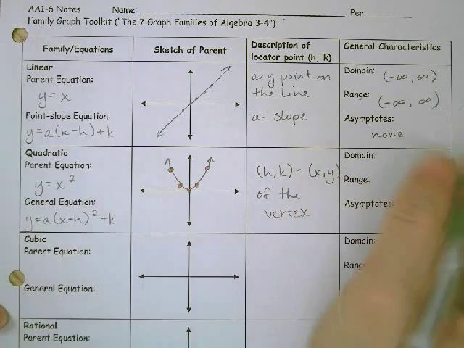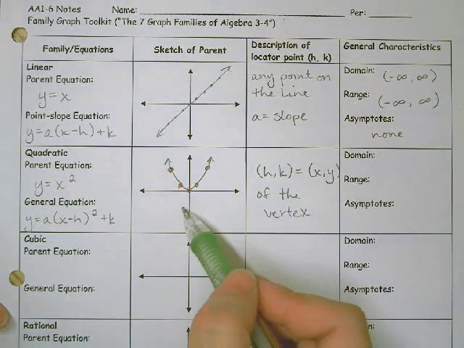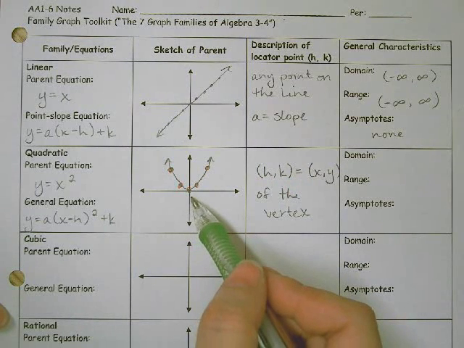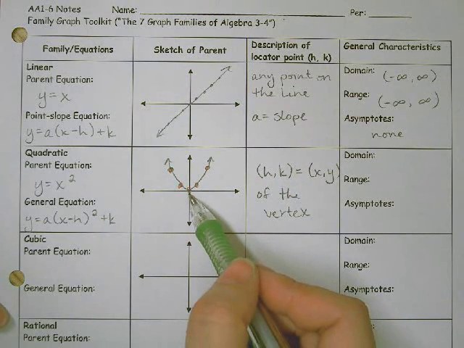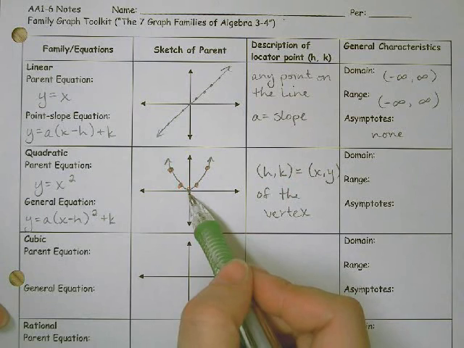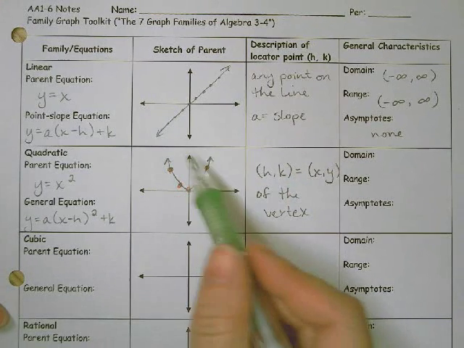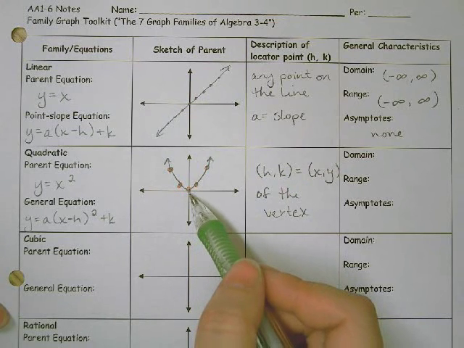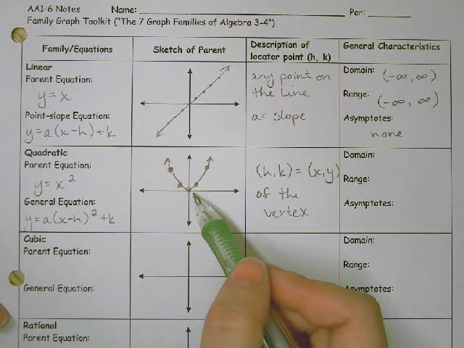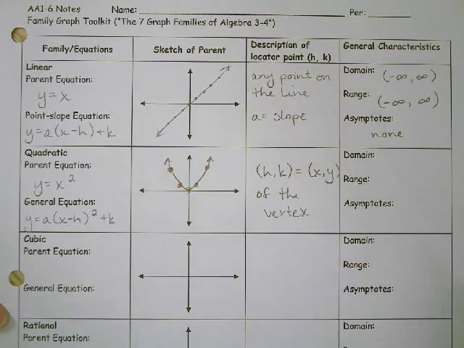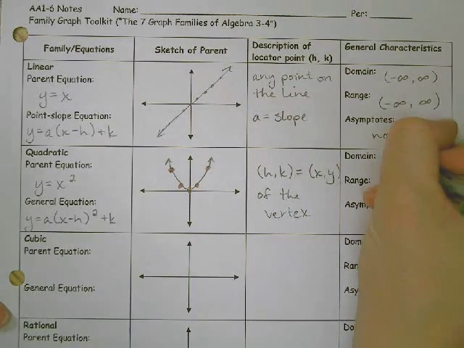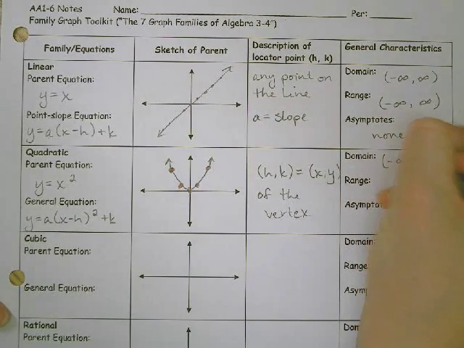So what we're going to find with all of these graphs is that as we move this around, as hk changes, this is our locator point. This is the easiest point to move it over and up or down and around anywhere. But that's the place we're going to start, because that's the easiest way to do it rather than using a table every time. The domain here is negative infinity to positive infinity.